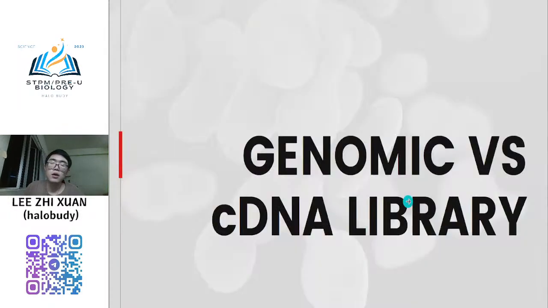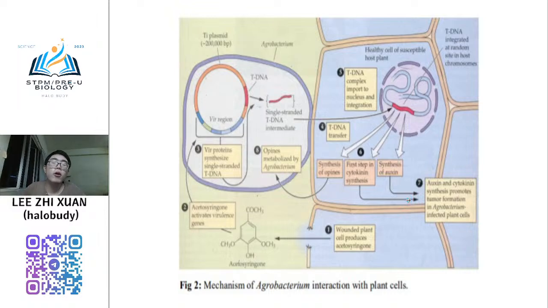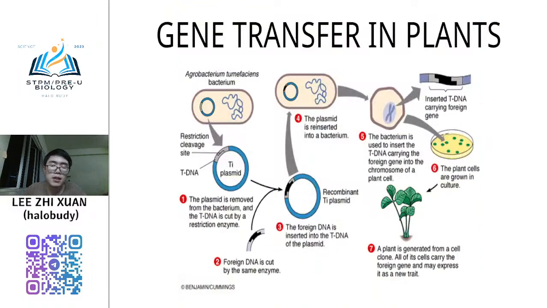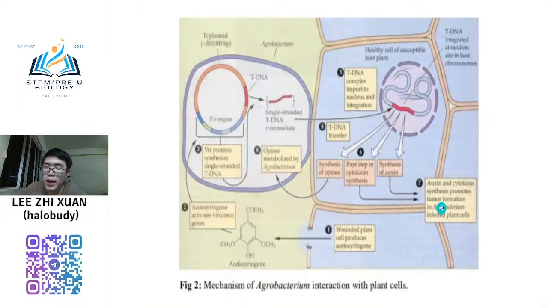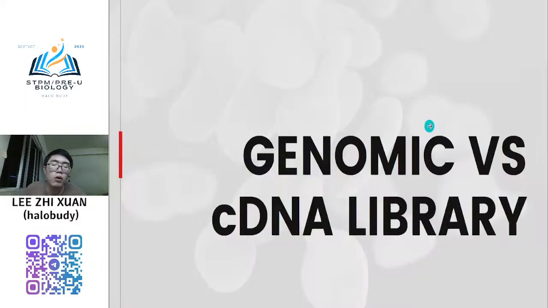So okay, that's all for plant. Plant is more special, especially in the last step. The last step is a bit special. So please remember it. Okay, so that's all for the application part of genetic engineering. You only learn three.